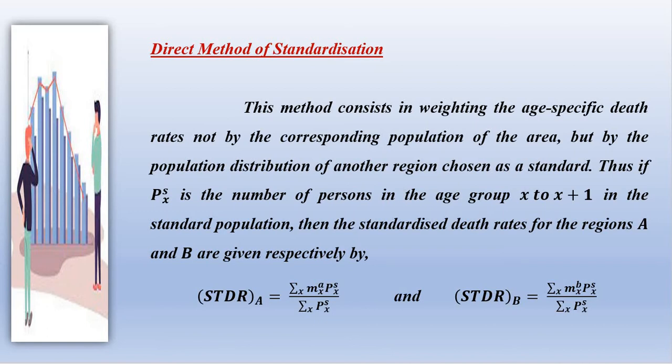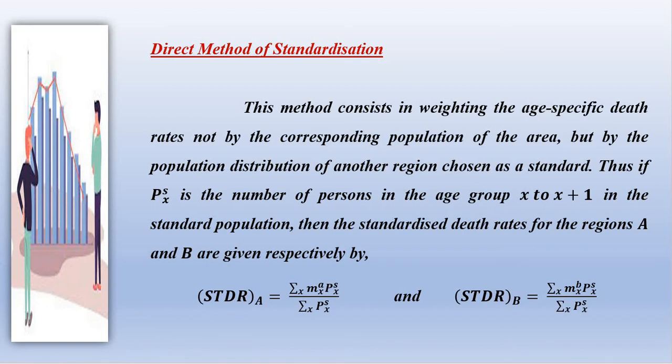Thus, if Pxs is the number of persons in the age group x to x plus 1 in the standard population, then the standardized death rates for the regions A and B are given respectively by STDR for A is summation over x mxa pxs divided by summation over x pxs, and STDR for B is summation over x mxb into pxs divided by summation over x pxs.